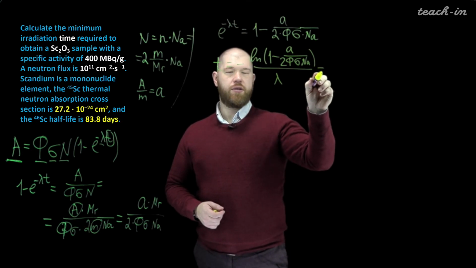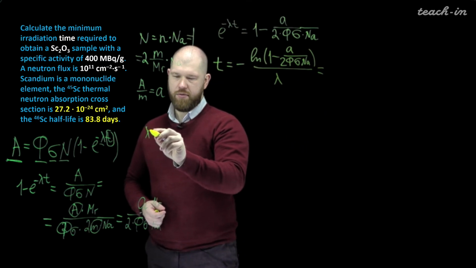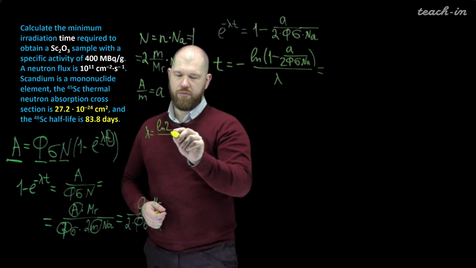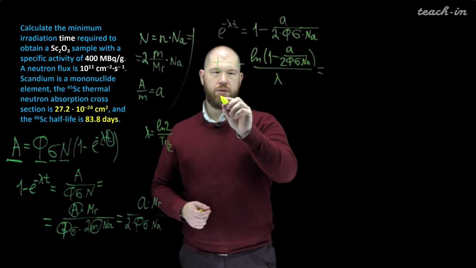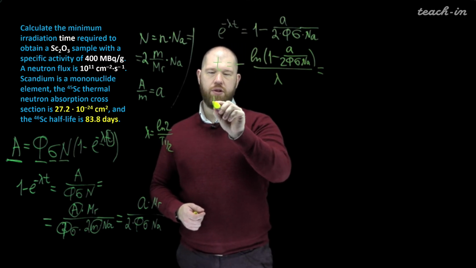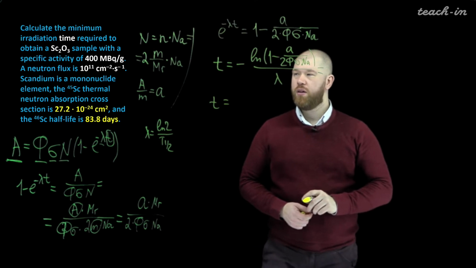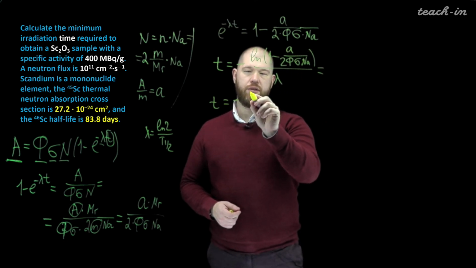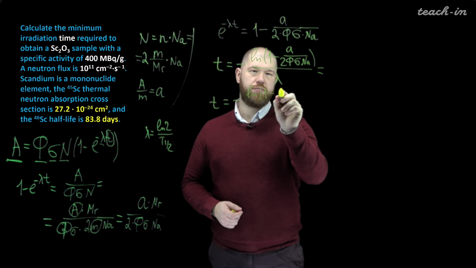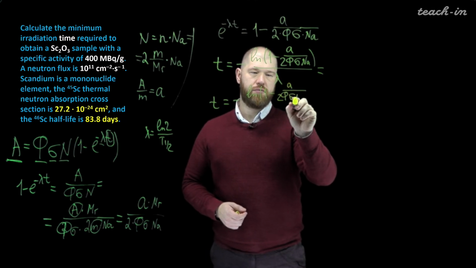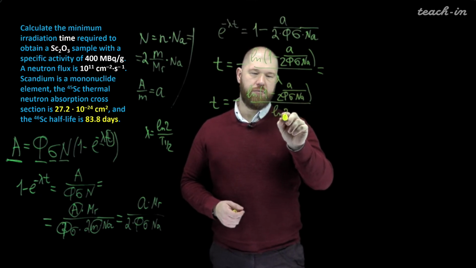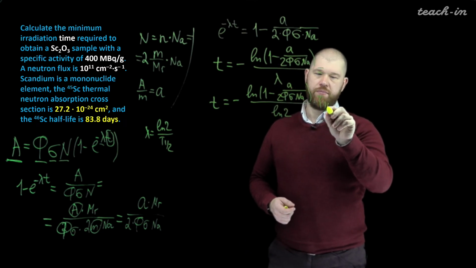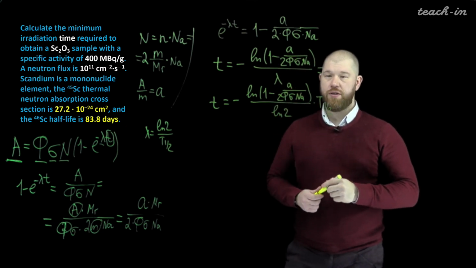And we remember that lambda is equal to logarithm 2 divided by the half-life. So T will be equal to minus our logarithm divided by logarithm of 2 and multiplied by the half-life of scandium.